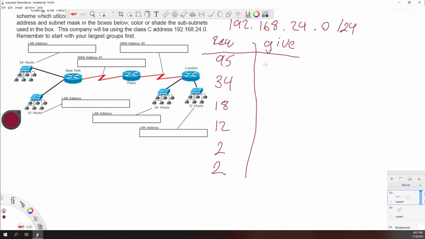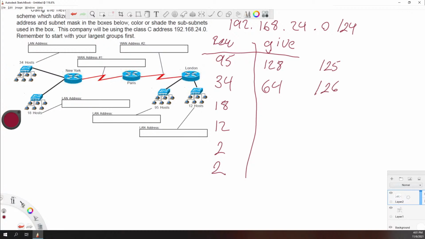What we actually have to give, however, is 128 hosts, because we can't fit it into anything smaller. This is going to be a /25 network. We'll deal with the actual addressing part afterwards. This next one is 34. We have to give it the next available size, which is 64. So this is going to be a /26.